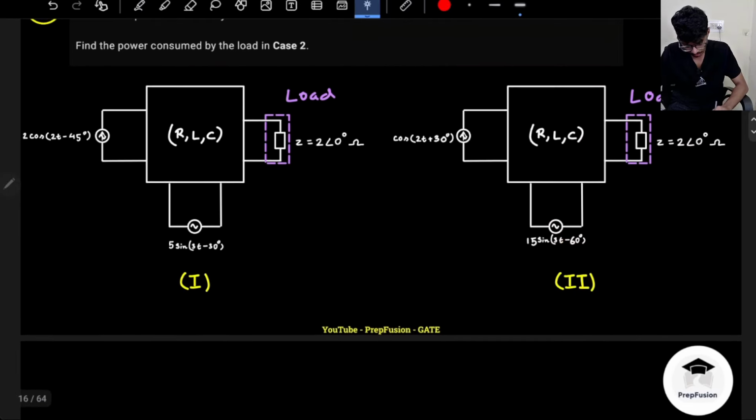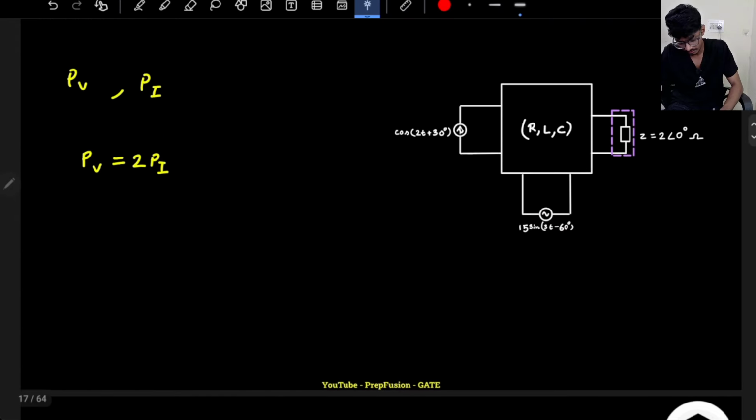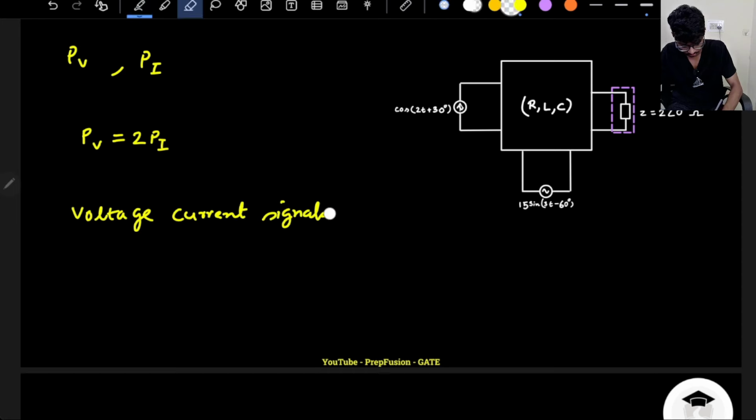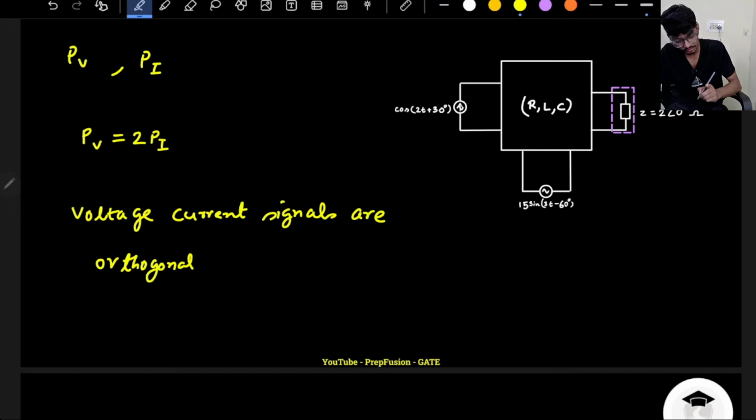I observe that the frequency components are different, so my voltage and current signals are orthogonal. Also, one thing you have to keep in mind: your load is purely resistive.